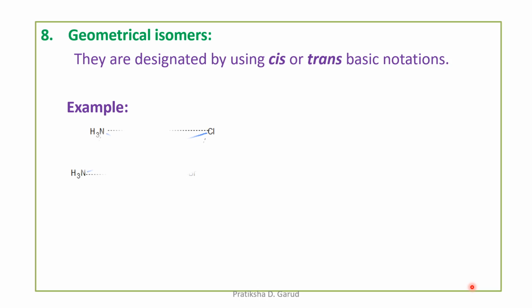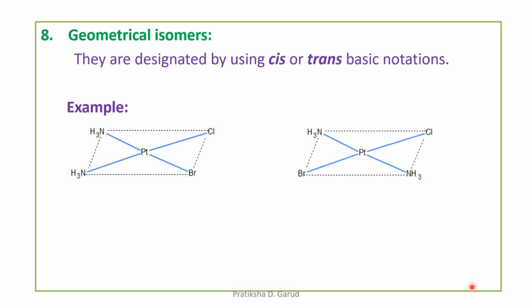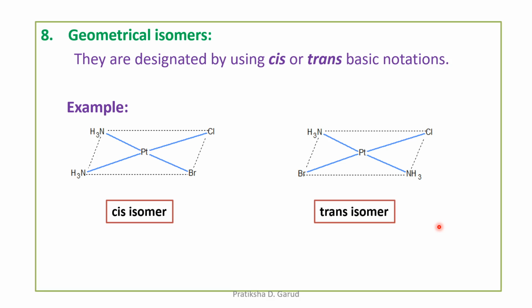So its example is Pt, which is attached to NH3, NH3, Cl, Br. Now in this example, the similar group is this NH3 group, right? In the first case, this NH3 is towards the same side. In the second case, the NH3 are towards the opposite side. So the first one is known as the cis isomer and the second one is known as the trans isomer.